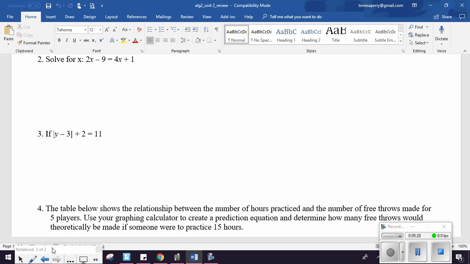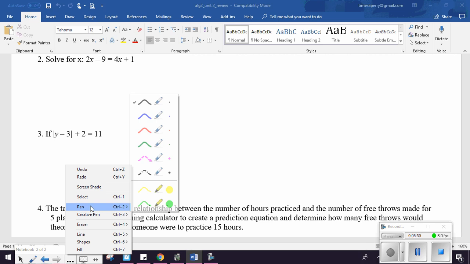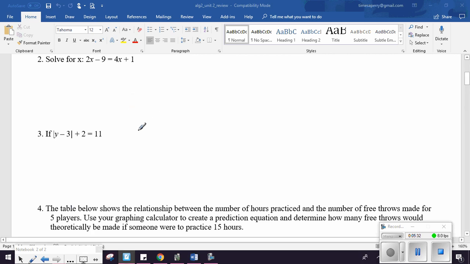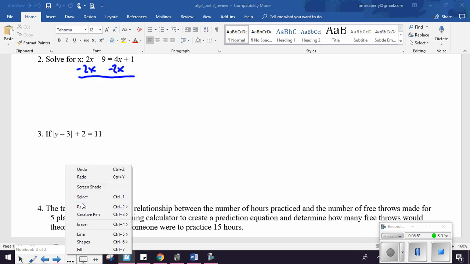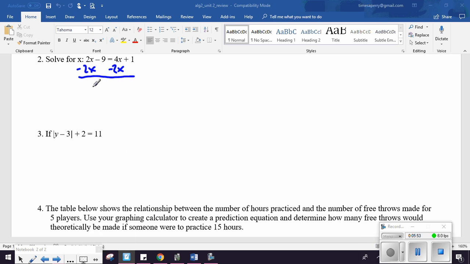All right, and number 2 is just a simple equation with the variable on both sides. My rule of thumb with equations is to move the smaller variable to join big brother variable. So in this case that would be 2x. So subtract him from both sides. And then I have negative 9, because that minus sign travels with the 9, equals 2x plus 1.